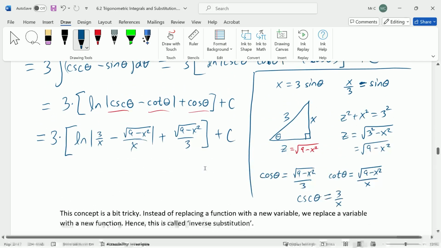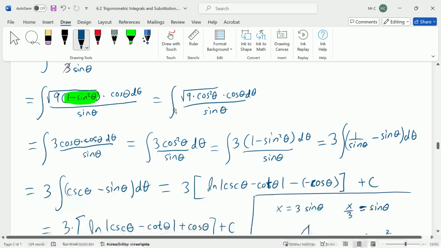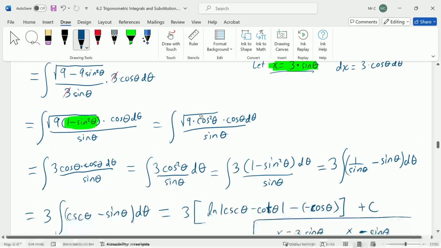So that brings me to something that I did and I didn't really talk about it much. I just said that the square root of cosine squared of theta is cosine of theta. But when I take a square root of a squared variable expression, I generally need to put plus or minus. However, when we do these substitutions, we restrict ourselves to the domain where the function is invertible.